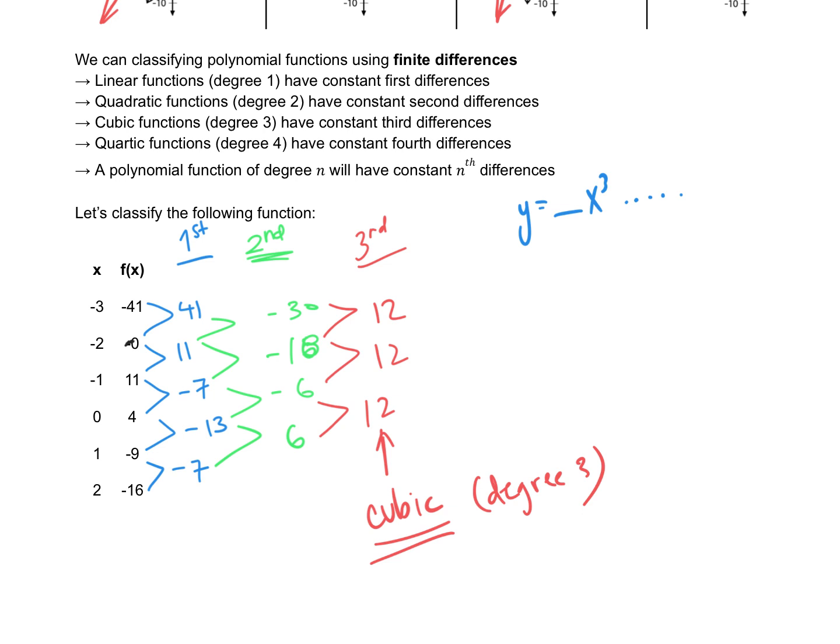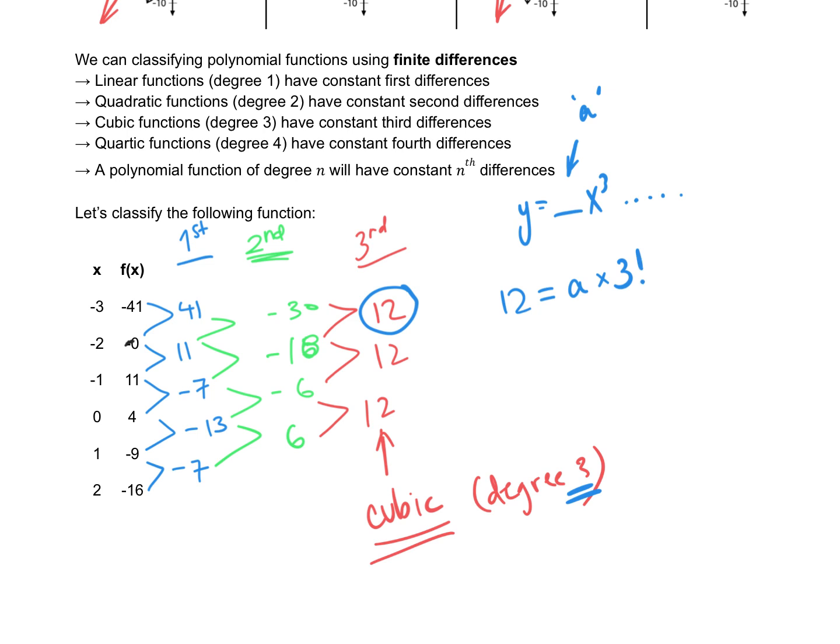It goes on, but we can figure out this value here, which is the a value, the leading coefficient. And the way we do that is this value here that was constant, that 12, is equal to the value of the leading coefficient times whatever the degree of your polynomial is factorial. So the degree of the polynomial is 3. We found that from the finite differences.